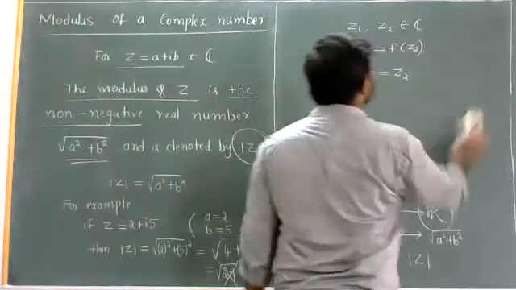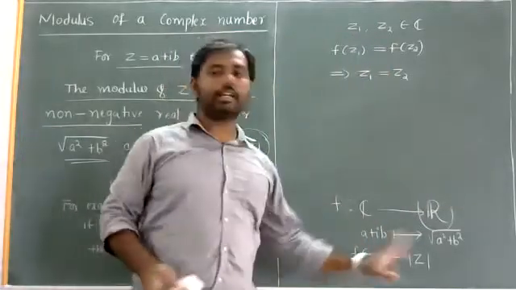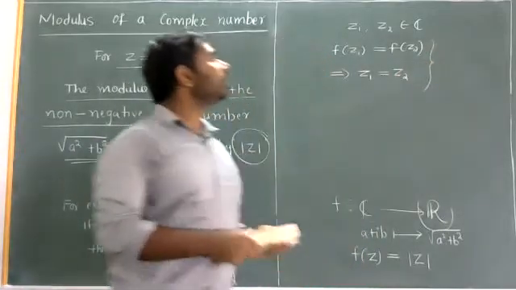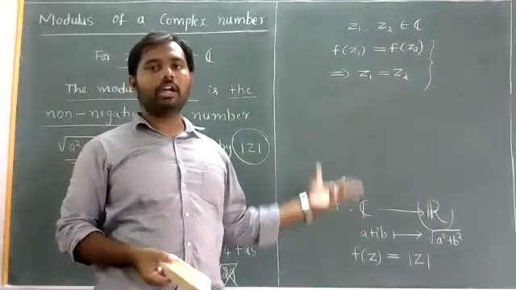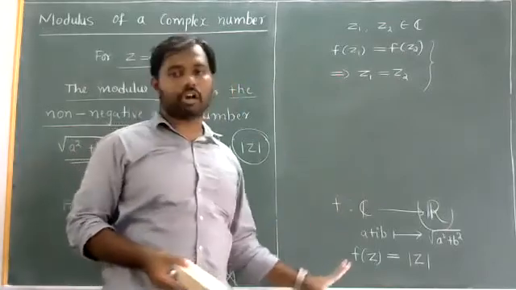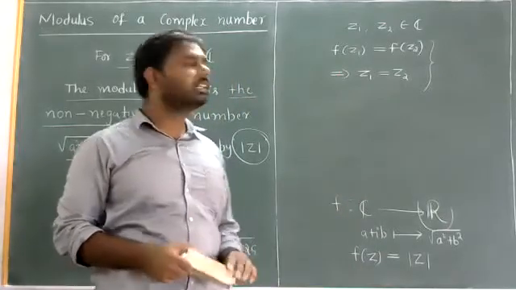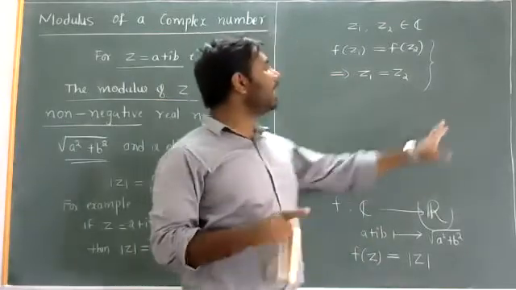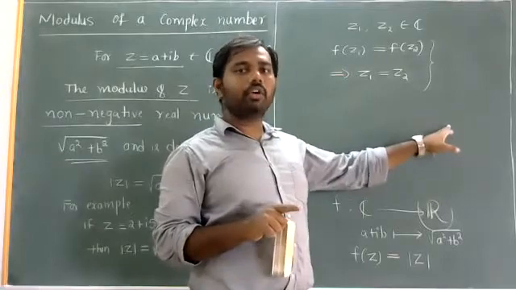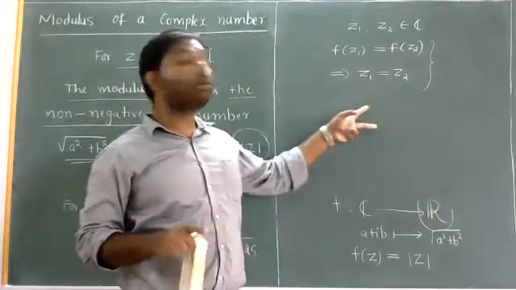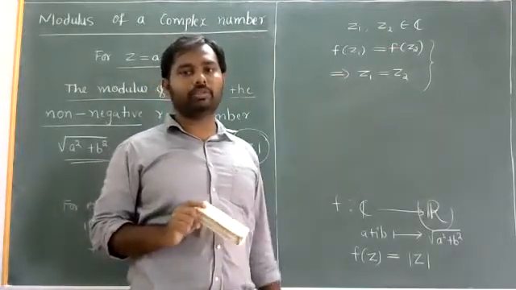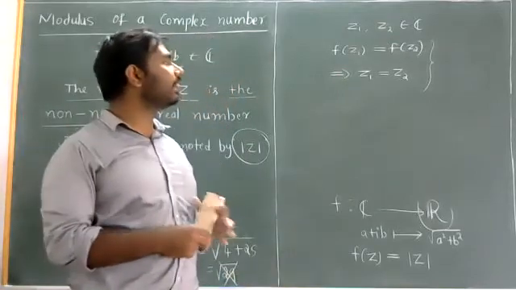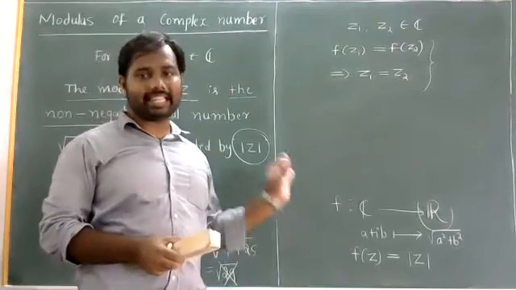Now to verify whether f is 1-1 or not, either you have to prove this, and if you prove this, then f will be 1-1. Or to disprove this, or to say that f is not 1-1, you just have to find a counter example. That is, you just have to find a codomain value which has more than one pre-image. In this case we can find a very easy example.